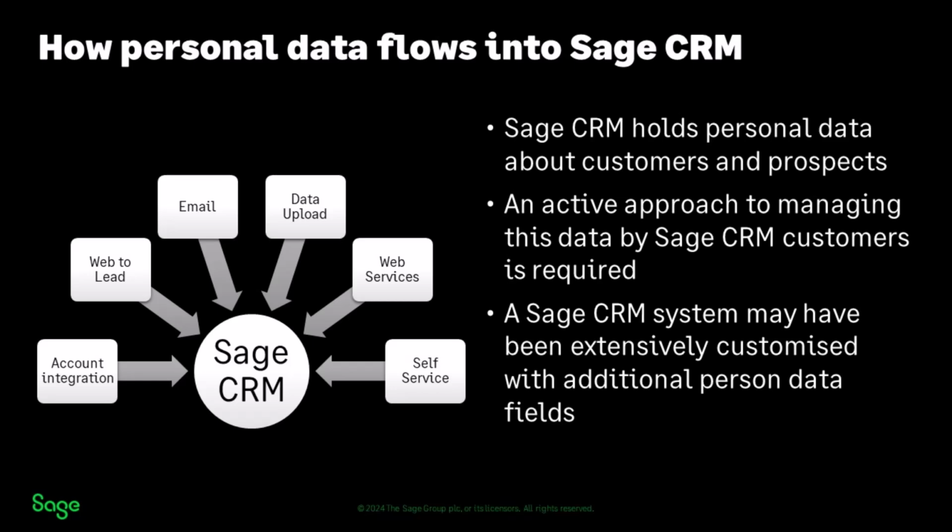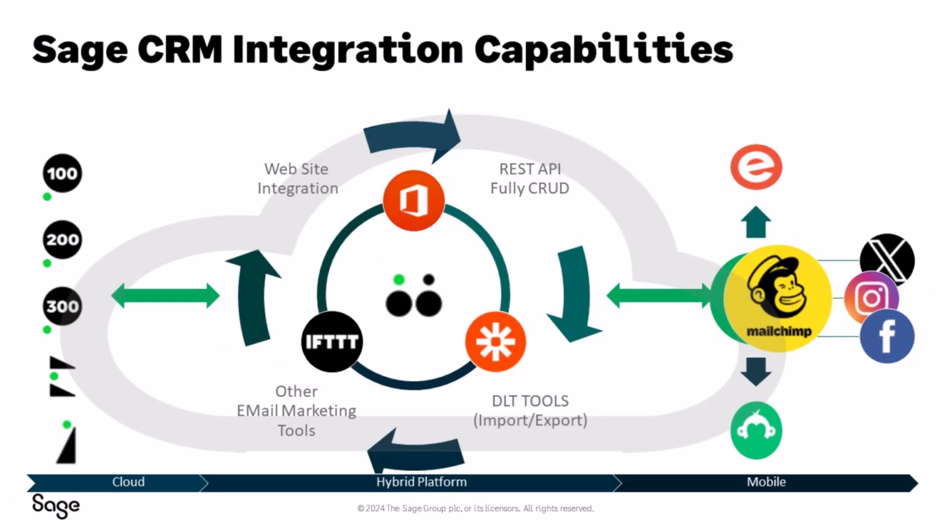You're going to have conference information uploaded. You've got a lot of ways in which personally identifiable information can end up inside Sage CRM combined to create a rich set of data, which you then use for the different purposes. And of course, Sage CRM sits at the heart of those.